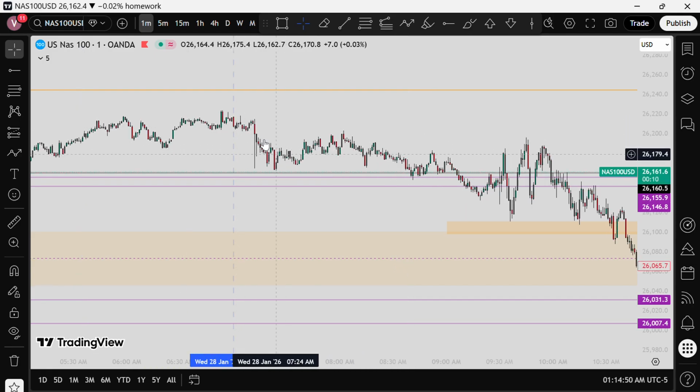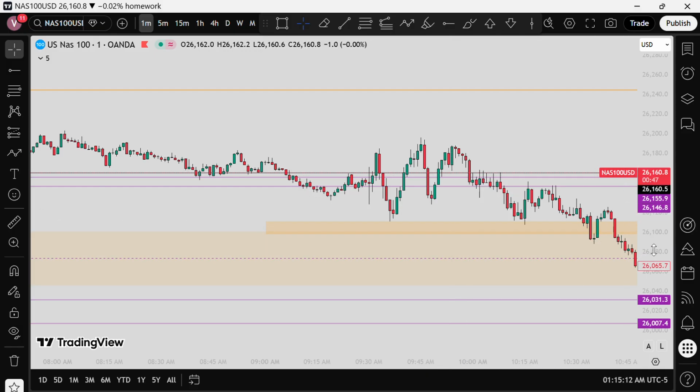So before the opening, during the pre-market session, price has mainly went lower, and the moves were also lethargic, which is justified because we had FOMC the next thing.